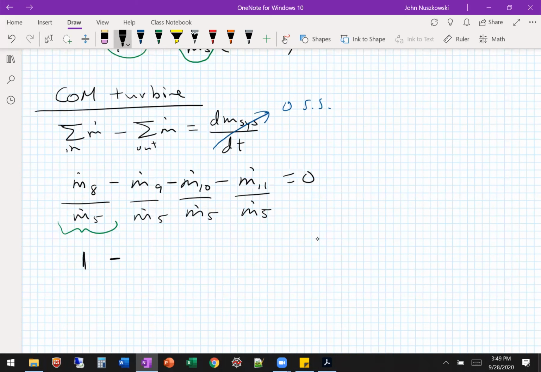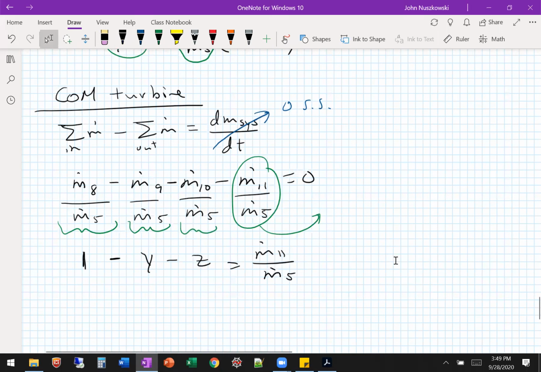And then 9 divided by 5 will be y, so that fraction that we're pulling off. And then 10 divided by 5 will be z. And then if we just move 11 divided by 5 over, that's what mass flow rate 11 divided by 5 is that we're looking for up here. Okay.